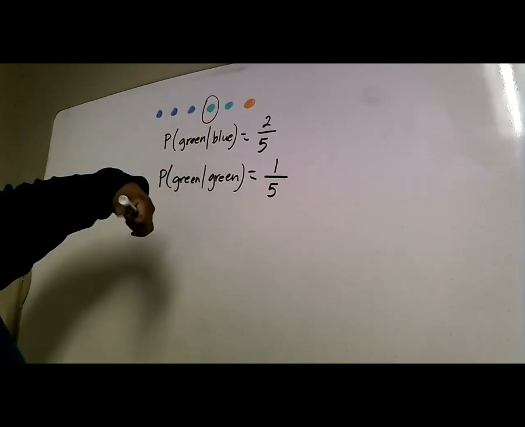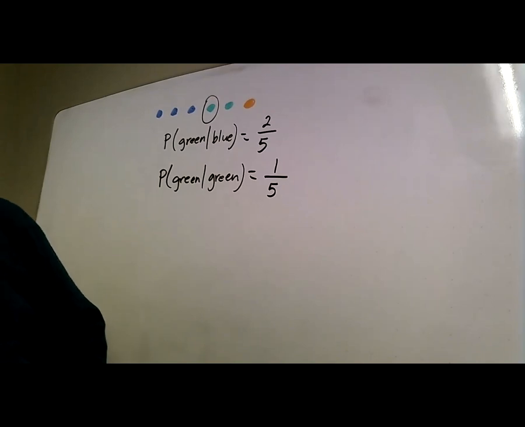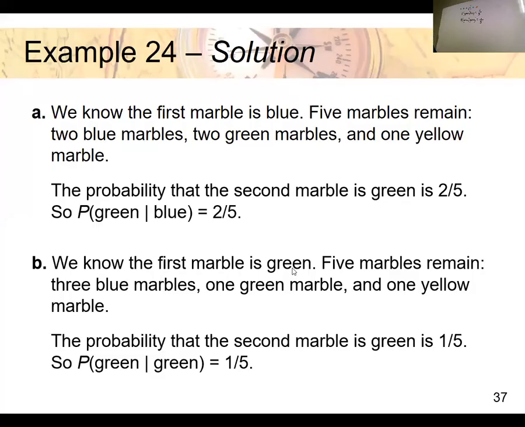The probability of getting a green on the second draw, there's only 1 left, so it'll be 1 out of 5. Any questions on this? It's just a visual representation of those 2 examples here.